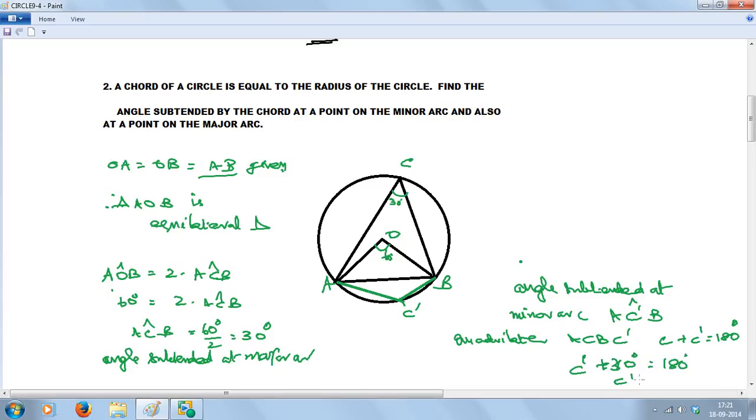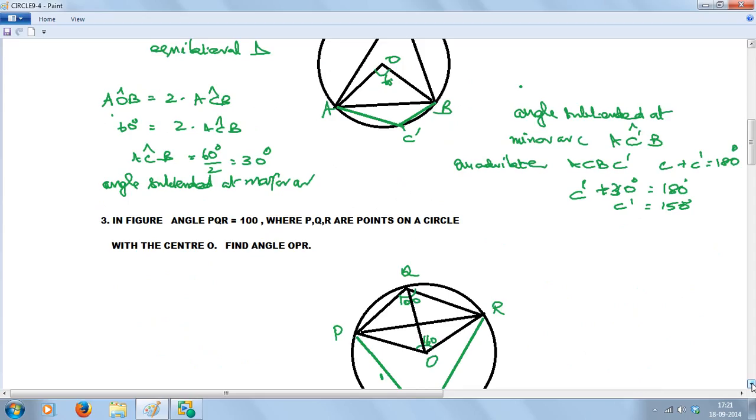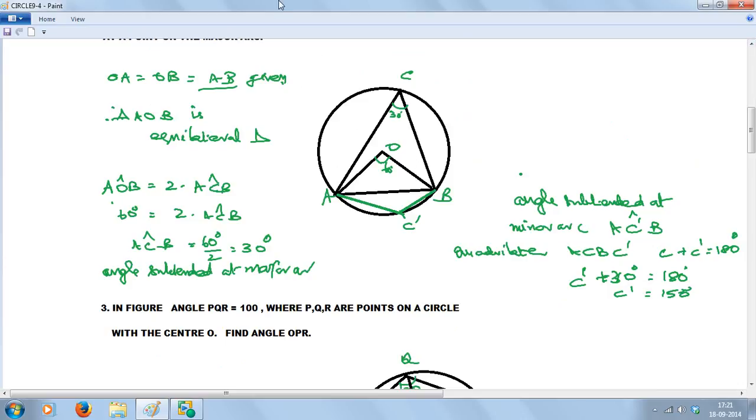Therefore, C dash is equal to 150 degrees, which is 180 minus 30. So in this case, you can see the angle subtended at the major arc is less because it's bigger, and the angle subtended at the small arc is more.